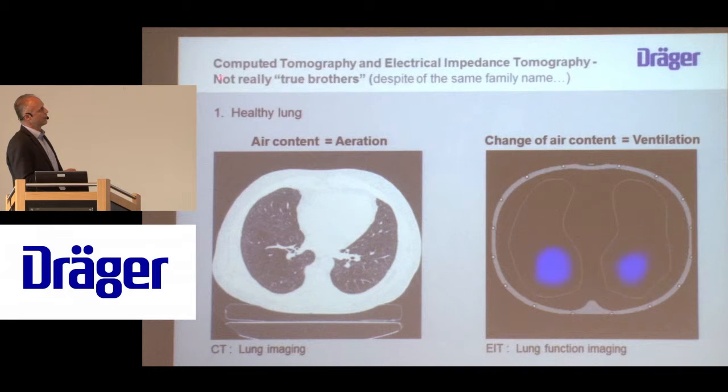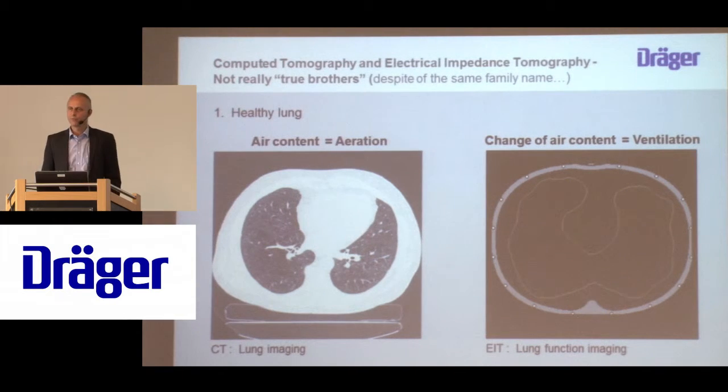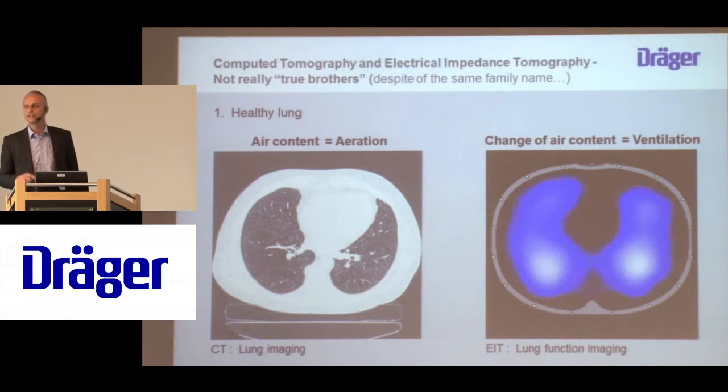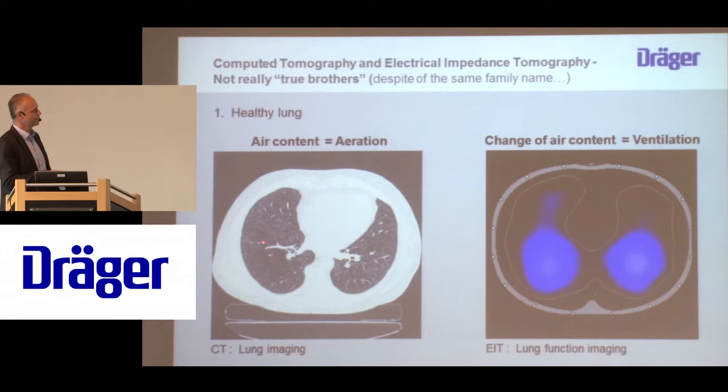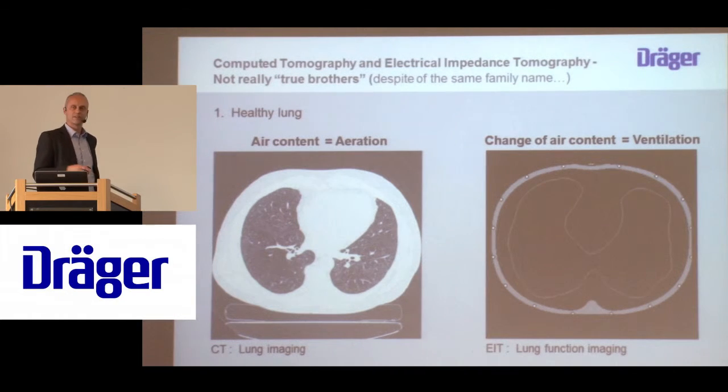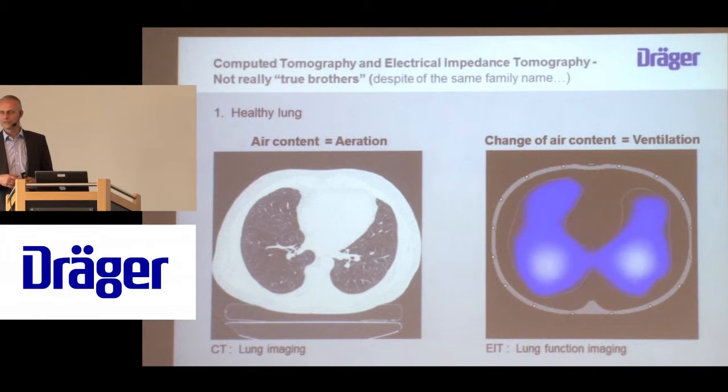Both techniques, computed tomography and electrical impedance tomography, are called tomography, but they're not really twin brothers. As I said, CT displays air content, and we display changes of air content with the EIT. Also the slice thickness is completely different.